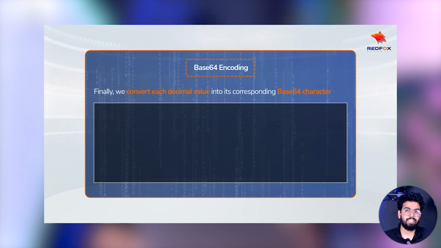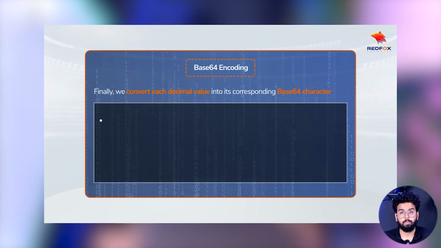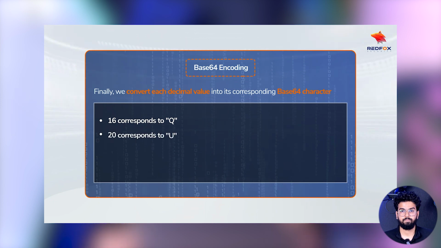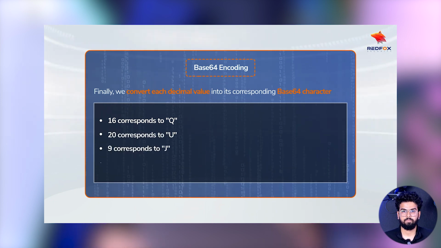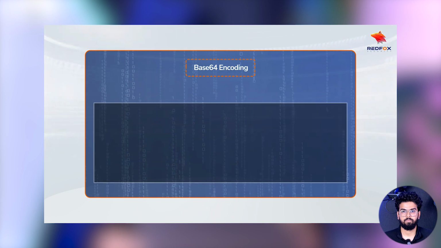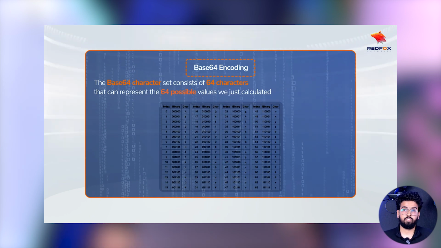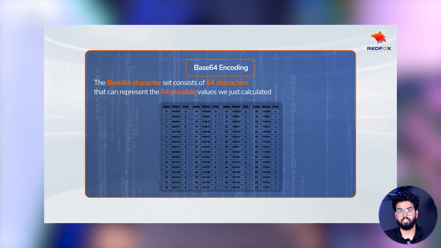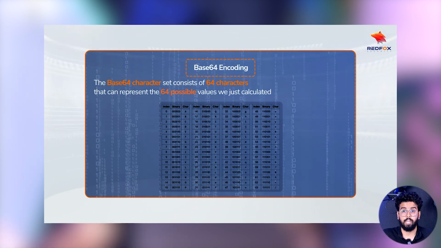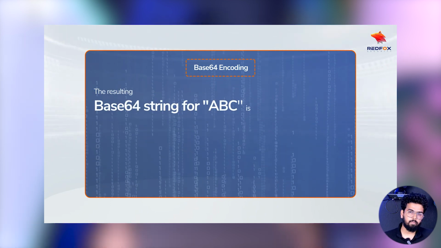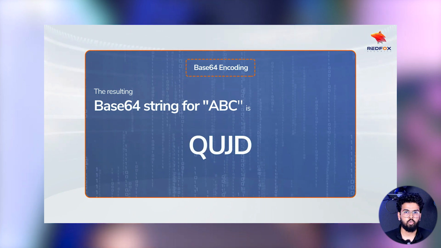Finally, we convert each decimal value into its corresponding base64 character. The base64 character set consists of 64 characters that can represent the 64 possible values we just calculated. The resulting base64 string for ABC is QUJD.